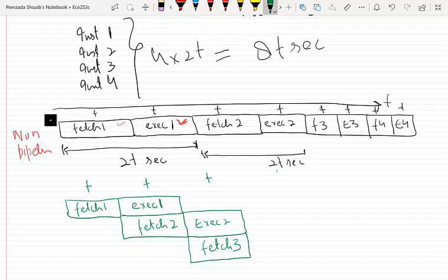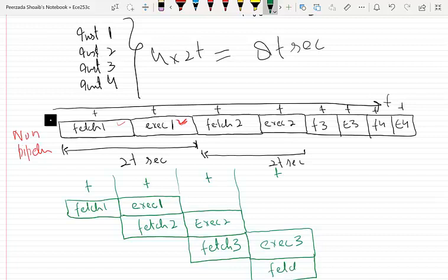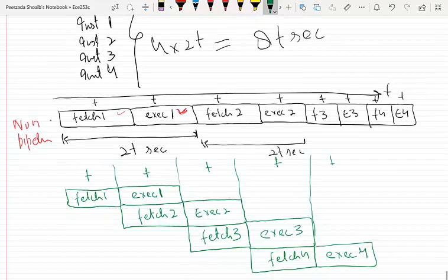And in the next t seconds, what will happen? I will execute this third instruction, and also at the same time fetch the fourth instruction. And in the next t seconds, I will execute this fourth instruction.